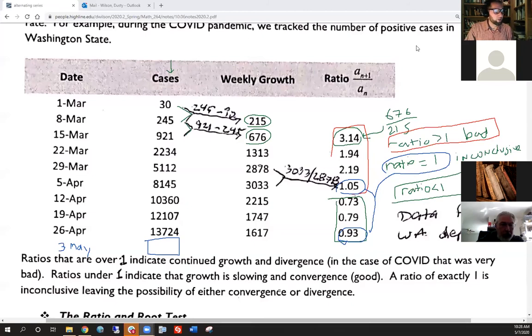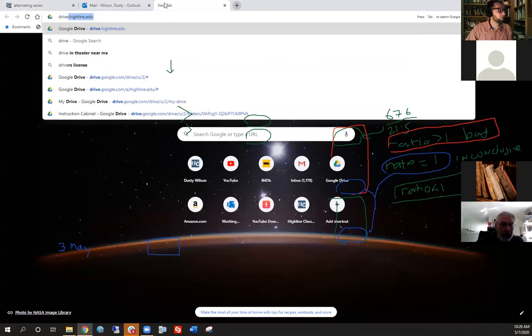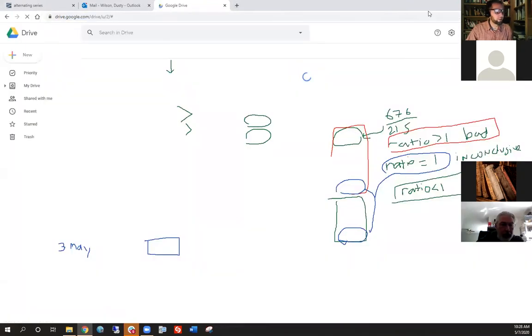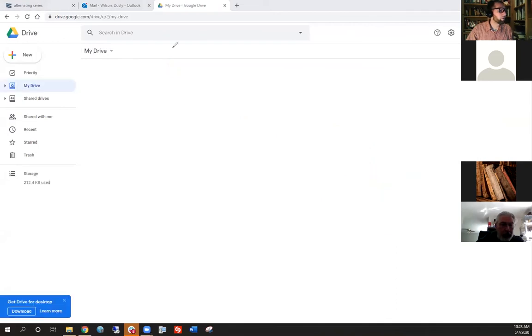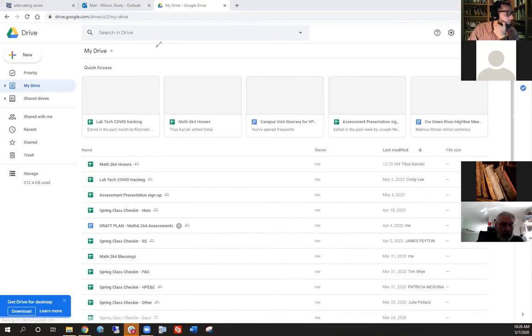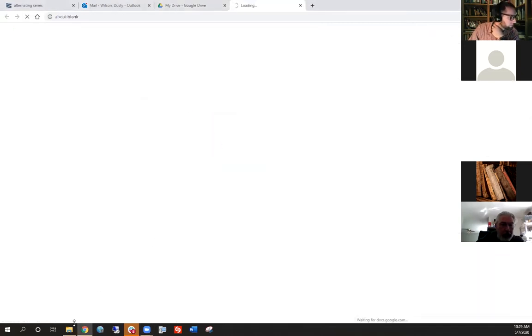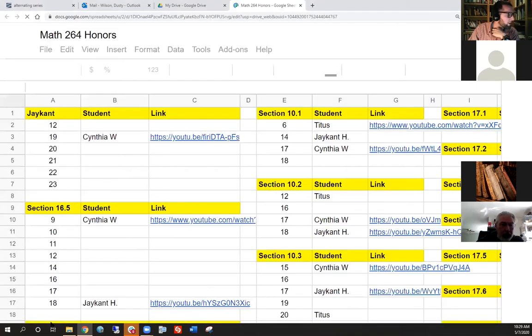I didn't open the stuff ahead of time, so forgive me for having to pull things up in front of you. I'm just trying to find the link. I can't remember what the site is. I think I have it listed here on the tab.